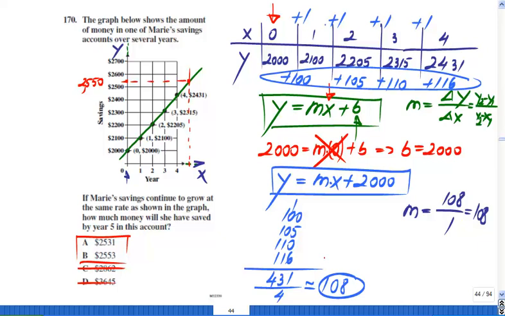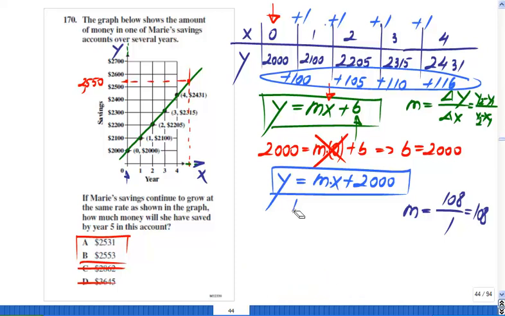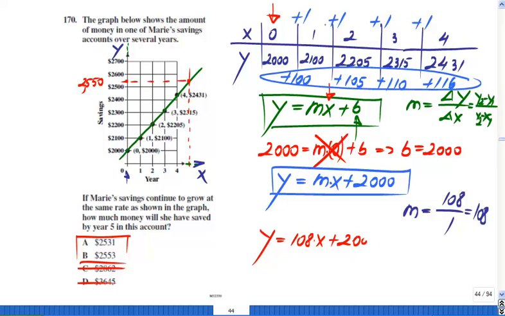So the best approximation of the equation for this line will be y equals 108 times x plus 2000.